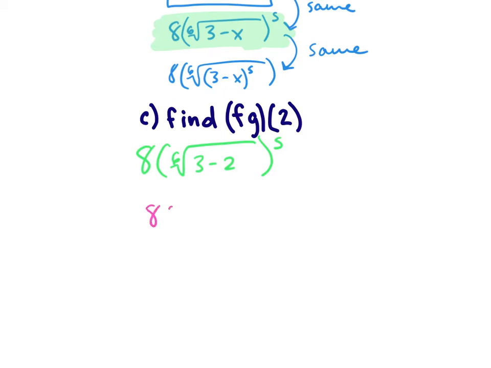Subtract. What's 3 minus 2? 1. And what's the 6th root of 1? 1. And what's 1 to the 5th power? 1. And what's 8 times 1? 8. So we get 8.